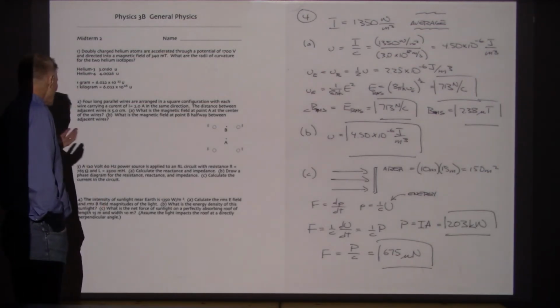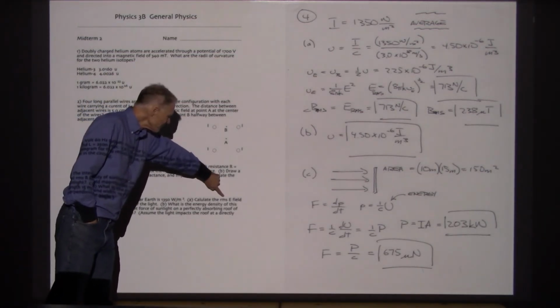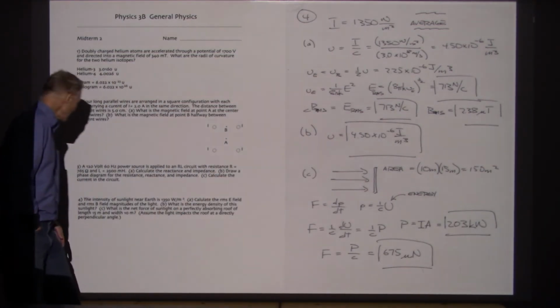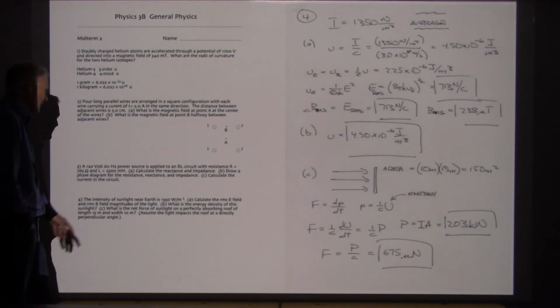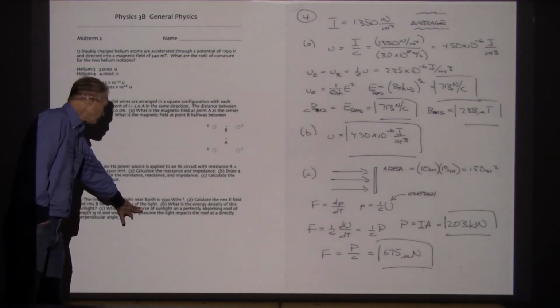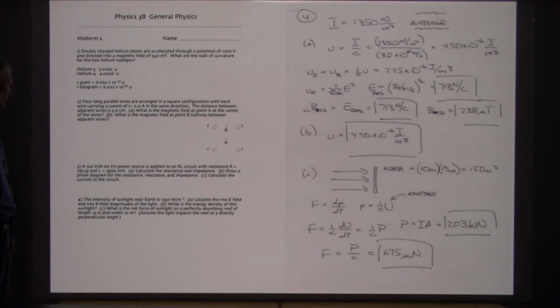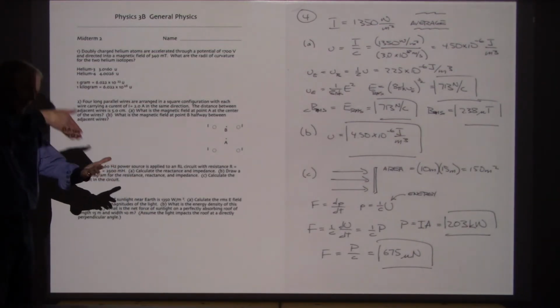So what they want us to do is take that sunlight and calculate values for the RMS E field and the RMS B field for the light, and then they say energy density, what's the net force of the sunlight on a perfectly absorbing surface. It says it's a roof, assuming that the light impacts directly perpendicular.